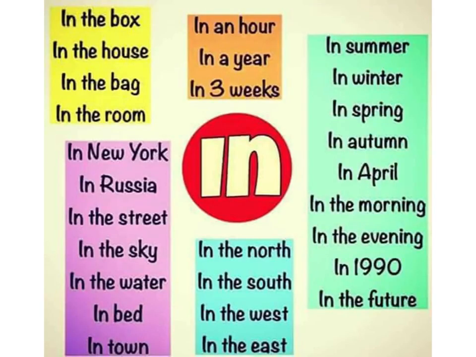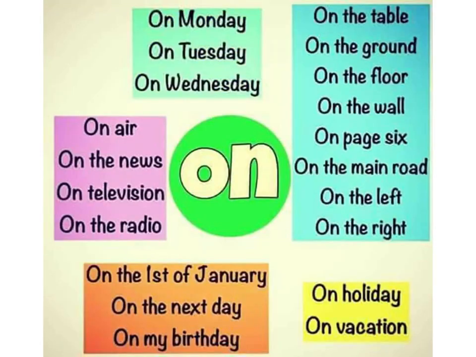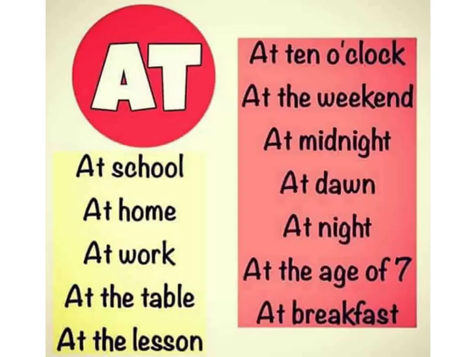These are looking at examples of prepositional phrases we use that begin with in, that begin with on, that begin with at. But I do not agree with this one. I think that should be on.